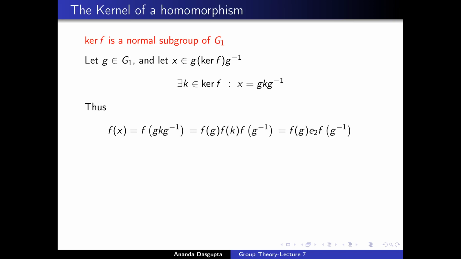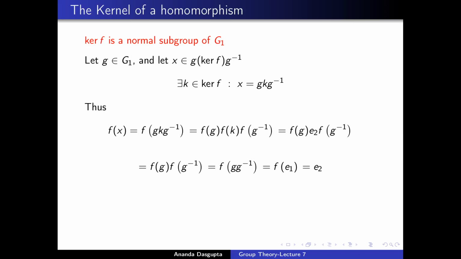Now, because your identity is sitting in the middle of these two terms, f of g and f of g inverse, you can simply replace this by f of g times f of g inverse, which by using the homomorphism property translates to f of g g inverse, and g g inverse is obviously the identity, in this case the identity of the first group. But as we have already seen before, under a homomorphism the identity of the domain must map onto the identity of the image.